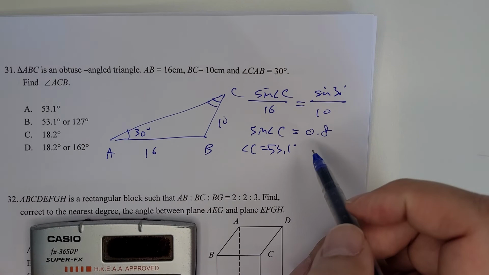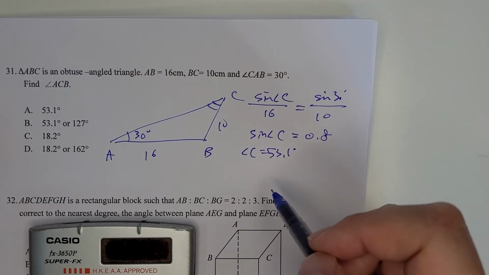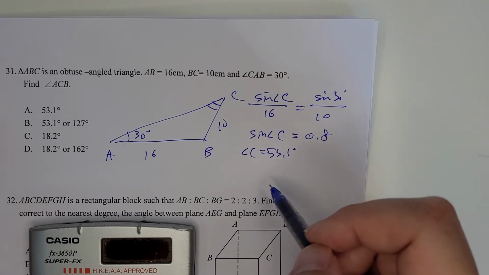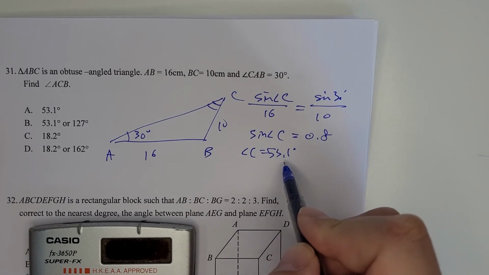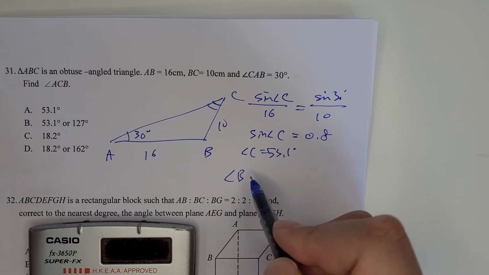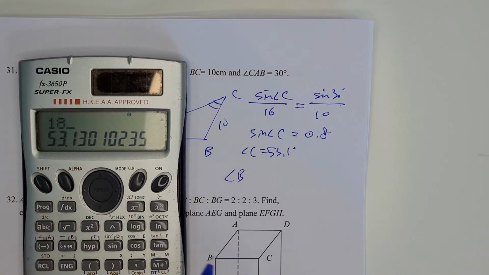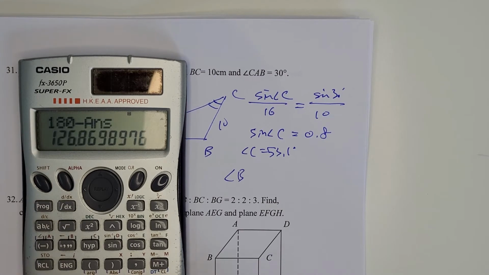But this is an obtuse angle triangle. So when angle C equals 53.1 degree, how about the rest of the angles? Angle B would equal 180 minus this 53.13 something minus 30.